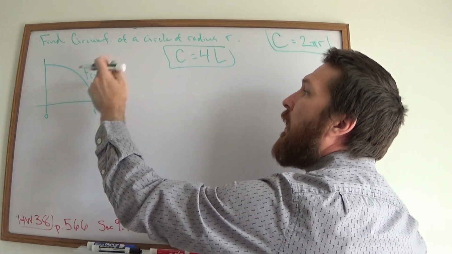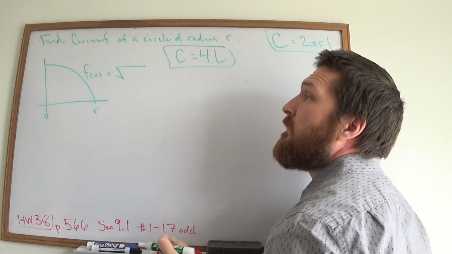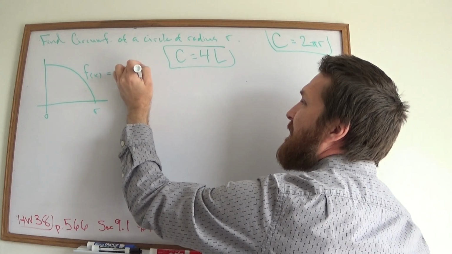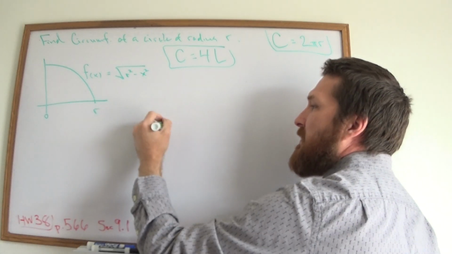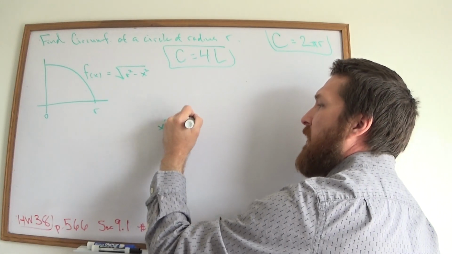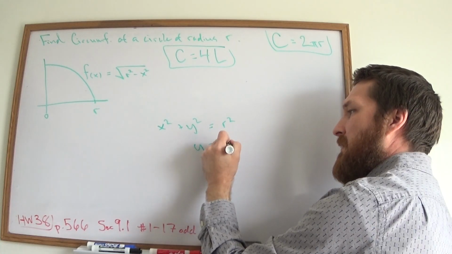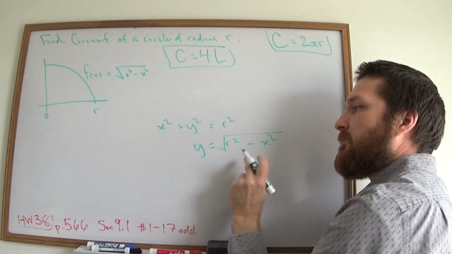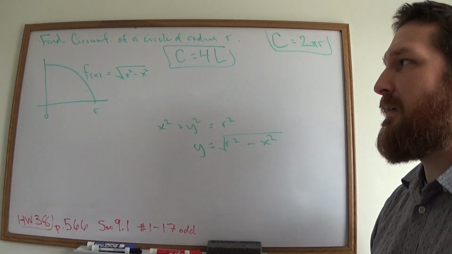The square root of r squared minus x squared. Let's double check. In general, x squared plus y squared equals the radius squared, so y is the square root of r squared minus x squared. I'm going to take the positive square root because we're up there, making my life a lot easier.